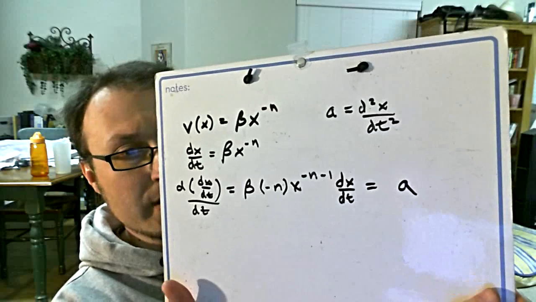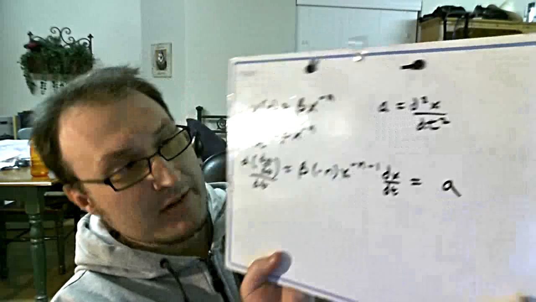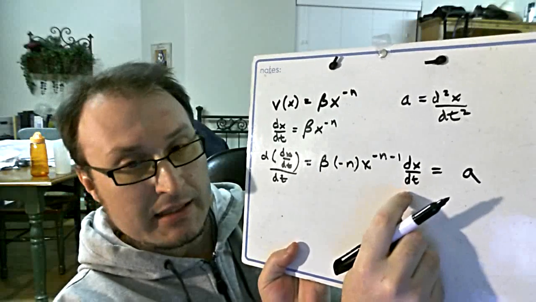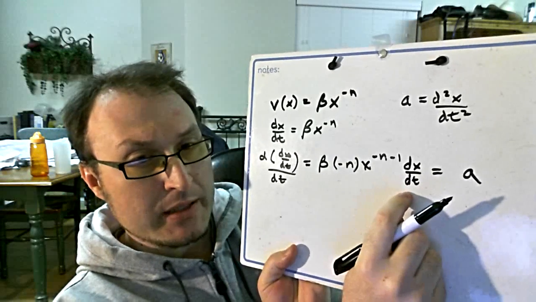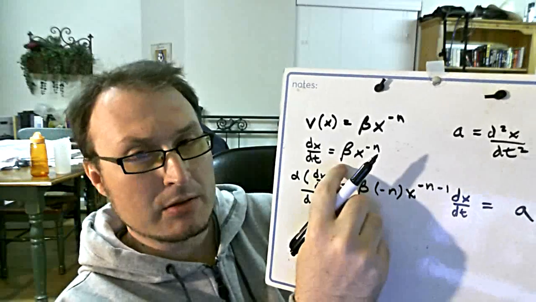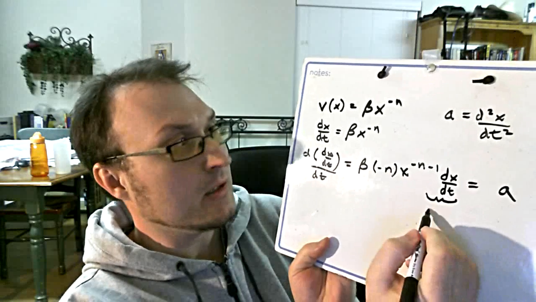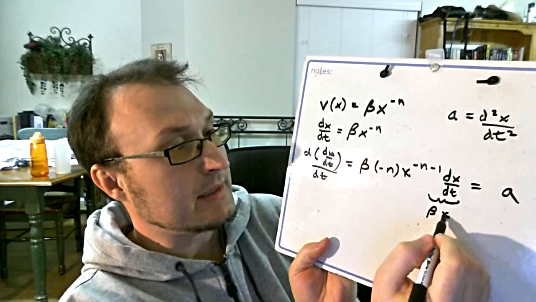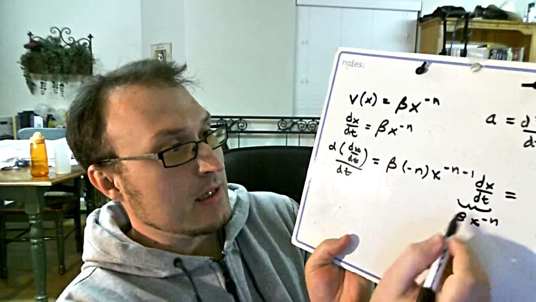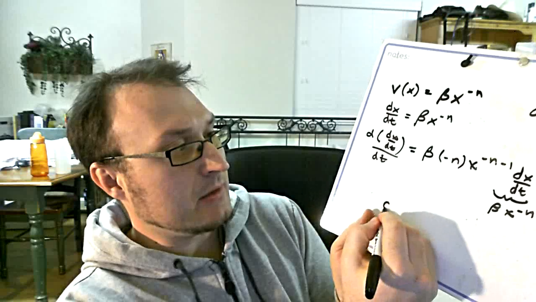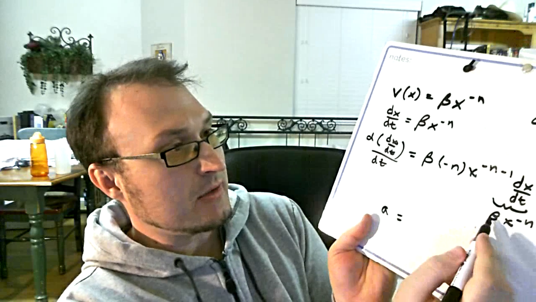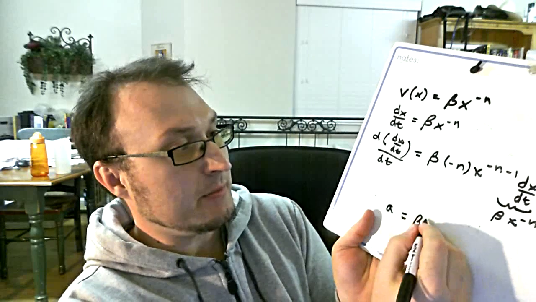Now the issue is, obviously in my answers I don't have a dx/dt. I need to clear that out of there. Can I do it? Sure, because it's right up here. So I just insert beta x to the negative n. I have two betas, so I get beta squared.